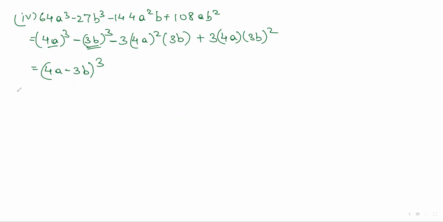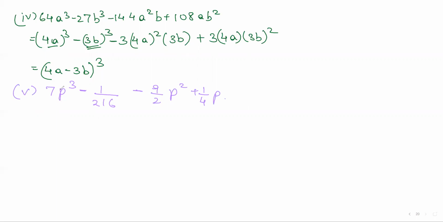Next, fifth part. 7b cube minus 1 upon 216 minus 9 upon 2b square plus 1 upon 4b. Here you have 7 into p cube. And 1 upon 126.